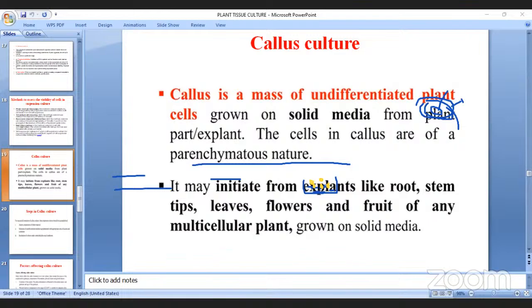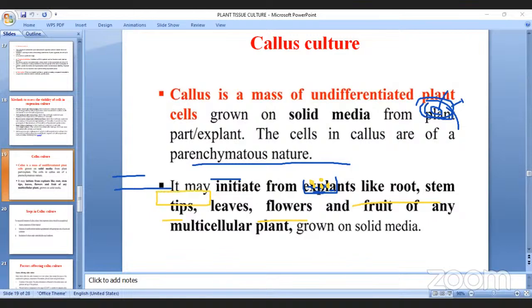Co-culture. Next, protoplasts of two different plant species, one slow growing and another fast growing, can be co-cultured. Here you take two different plant species and separate the protoplasts by any method, mechanical or enzymatic.